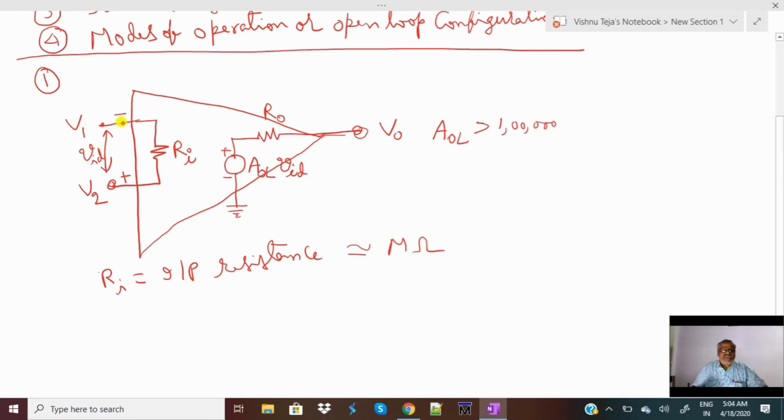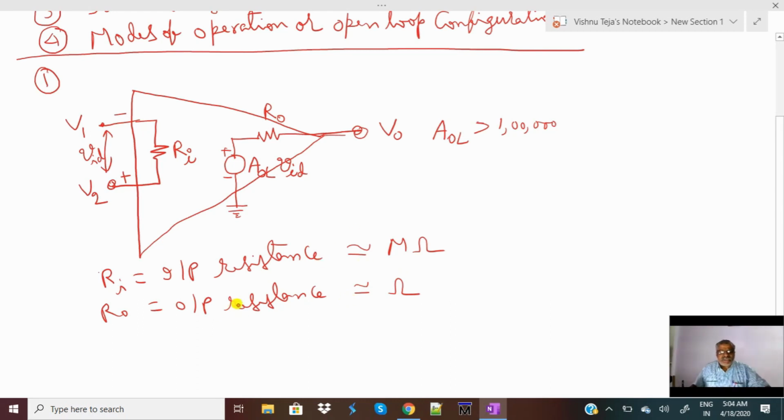Because the input impedance is very high, the current entering the inverting and non-inverting inputs will be very small, of the order of a few nanoamperes. And R0 is called the output resistance. Generally its value will be very small, a few ohms or a few tens of ohms.